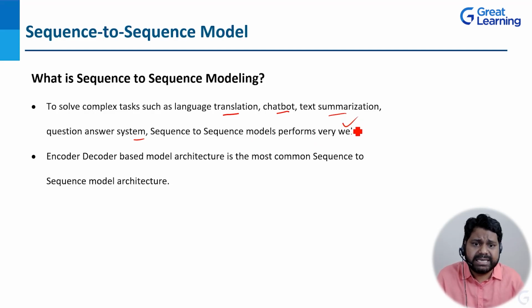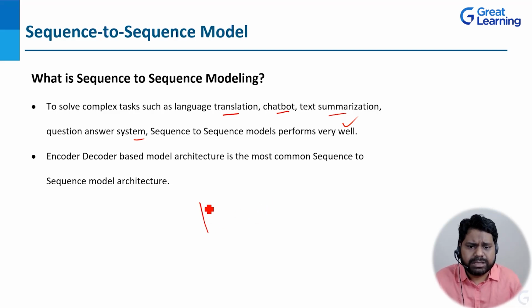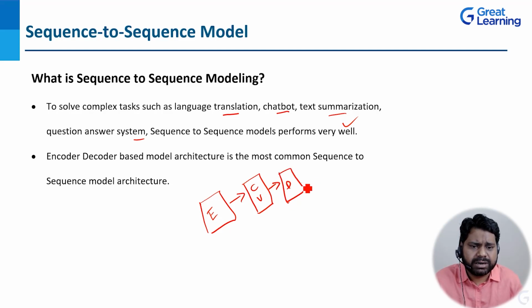The encoder decoder architecture is one of the most common sequence to sequence model architectures available. There is one encoder, which encodes the input and gives a context vector, and this goes to the decoder, and then the decoder gives you the output.